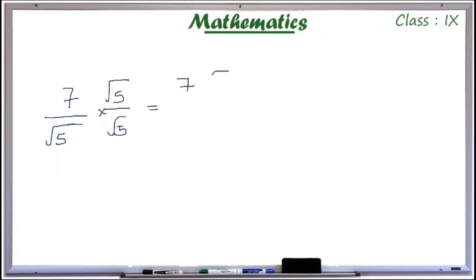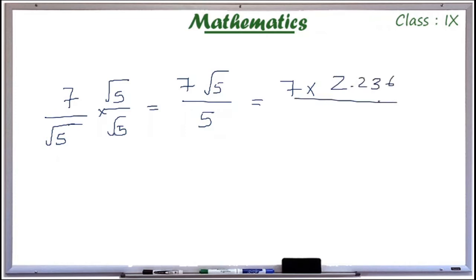So we get 7 root 5 by root 5 into root 5, 5, which means 7 into 2.236 by 5, which is equal to 3.1304 etc. So this answer is also non-terminating, non-recurring. Therefore 7 by root 5 is also an irrational number.